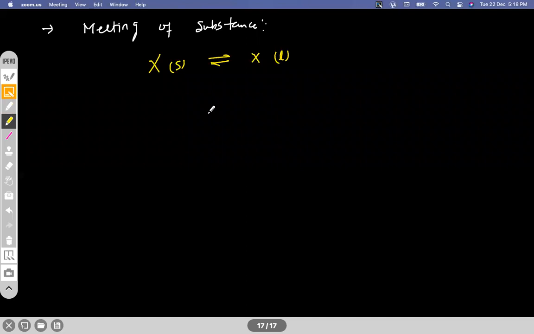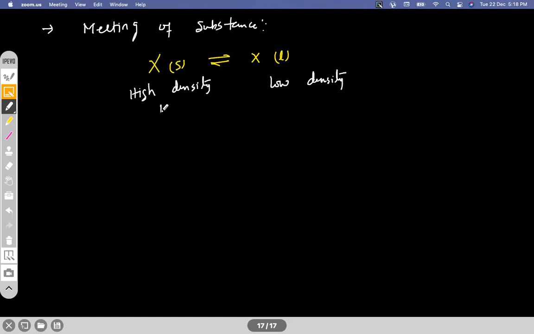Solid, we know it has high density, and high density means less volume, sorry.